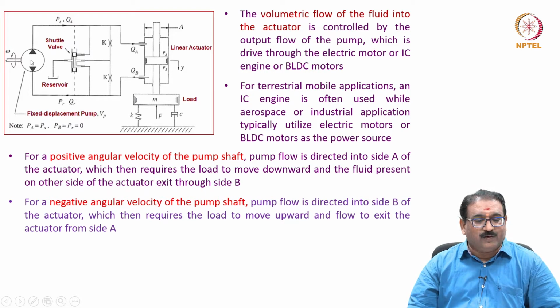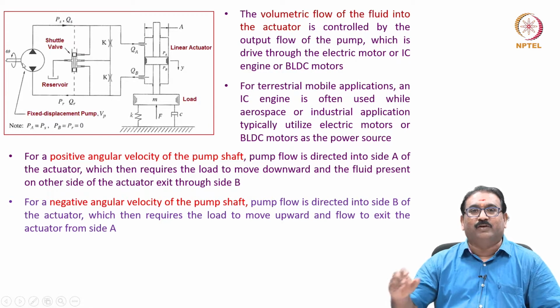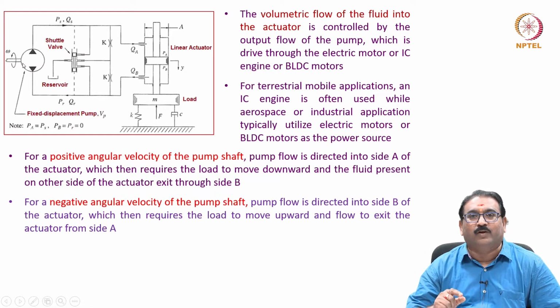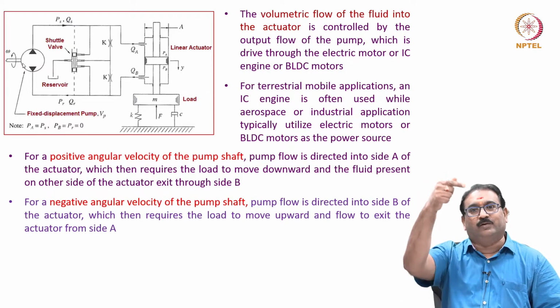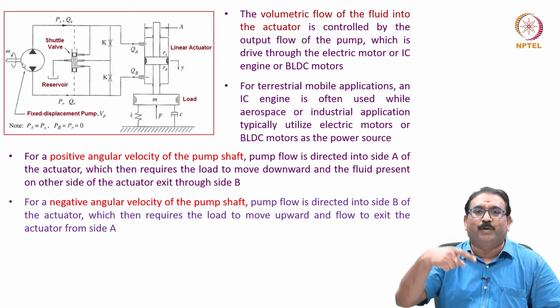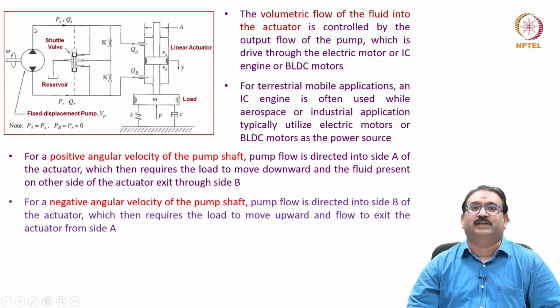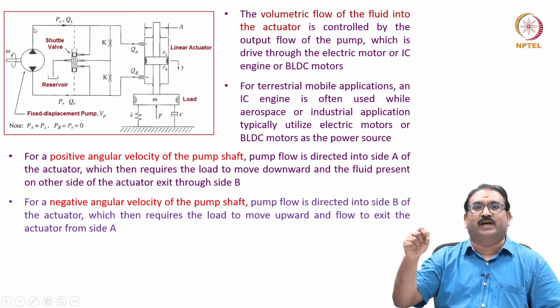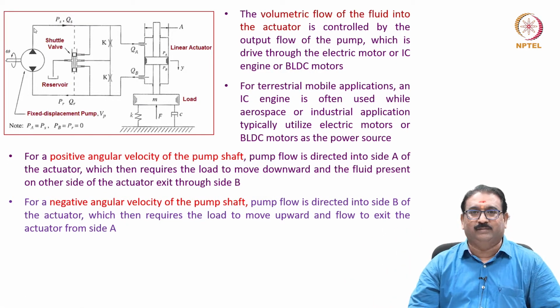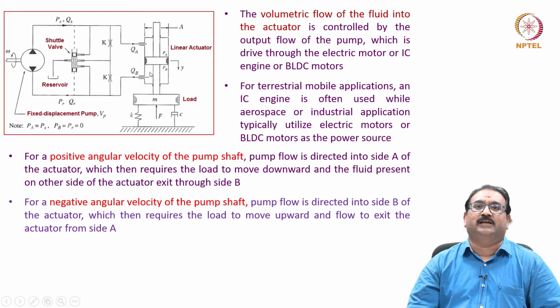You have to rotate the pump shaft to send the flow from one side to the other, based on the pump rotation. If it rotates clockwise, assume it will suck the flow from the tank and deliver it here. If it rotates in the reverse direction, it will do the other way. That is why it directs the flow either to the B side or A side based on the application.